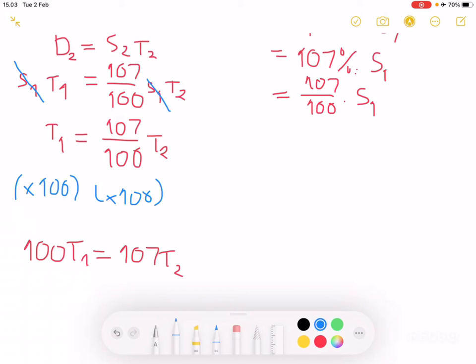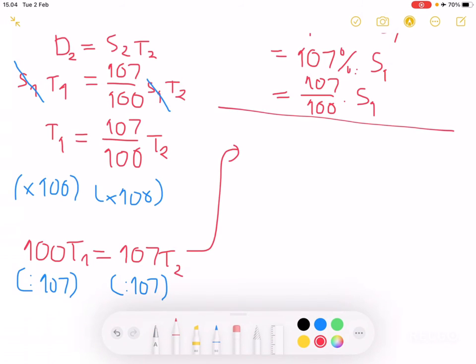And then you can just divide both sides by 107. And you will get that this will become 100 over 107 t1, this is equal to t2.